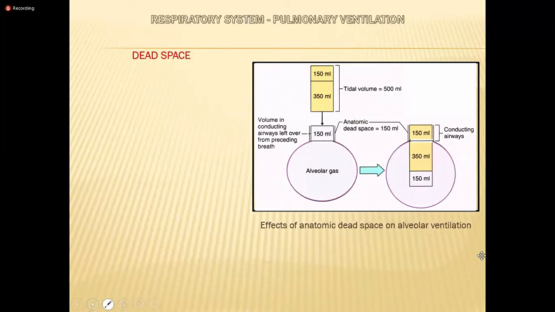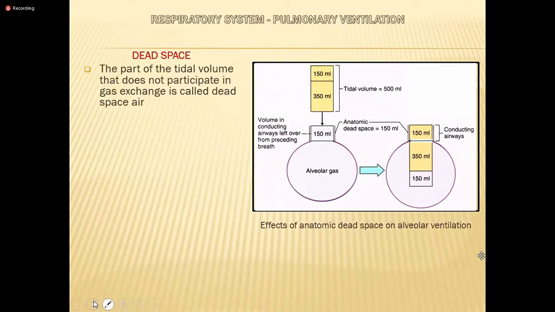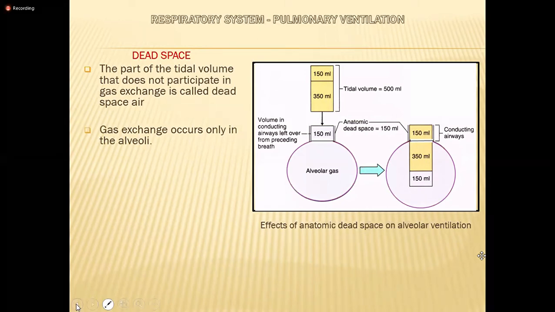What is your dead space? Anatomic dead space, the part of the tidal volume that does not participate in gas exchange, is called your dead space air. The gas exchange occurs only in the alveoli.